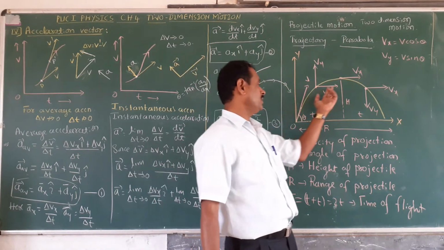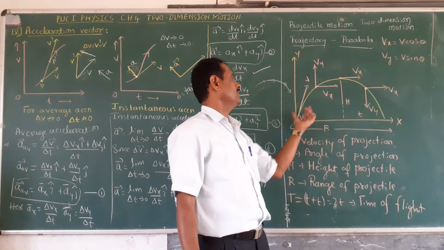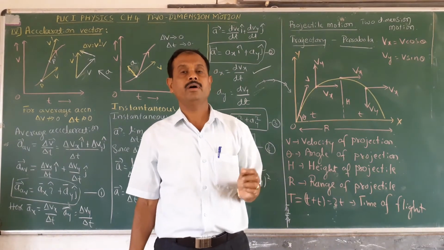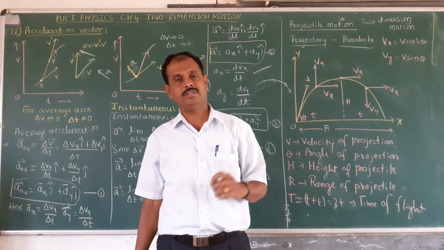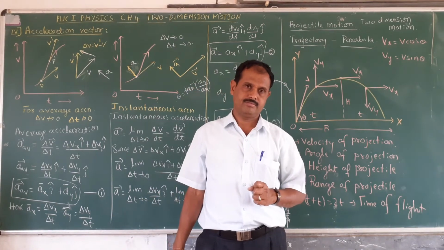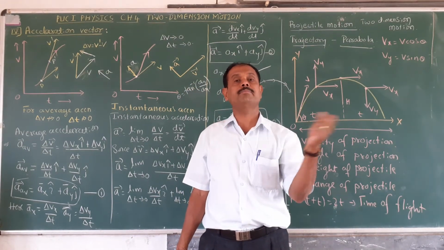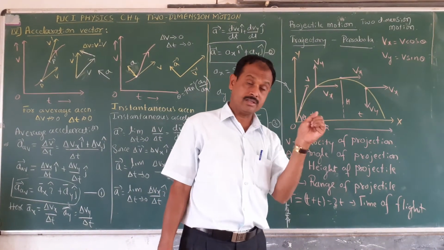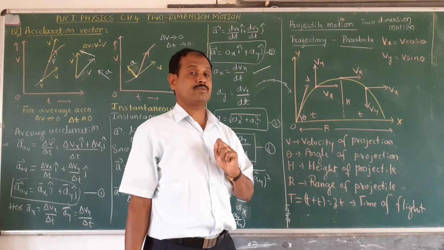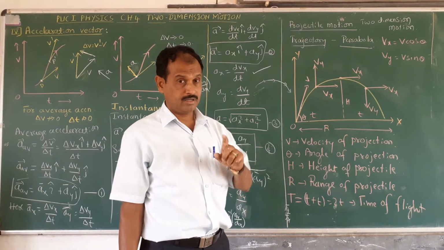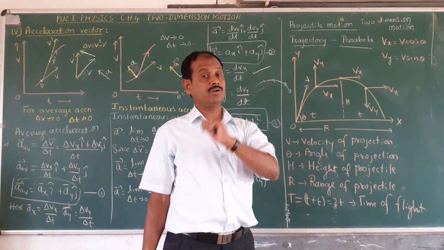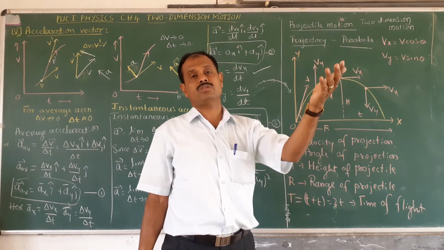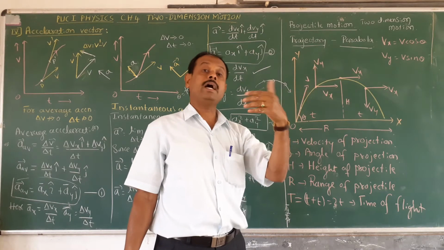The shape of the trajectory in projectile motion is a parabola. The equation in the form of x plus dx square is a parabola equation. In the next video clip, I want to discuss that point: you show that the trajectory of projectile motion is a parabola.